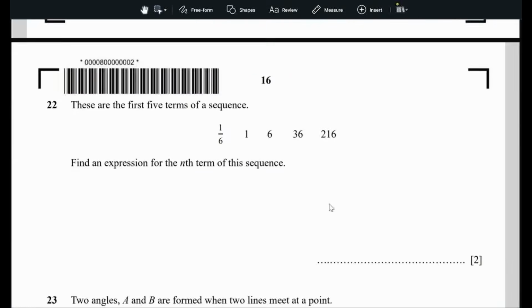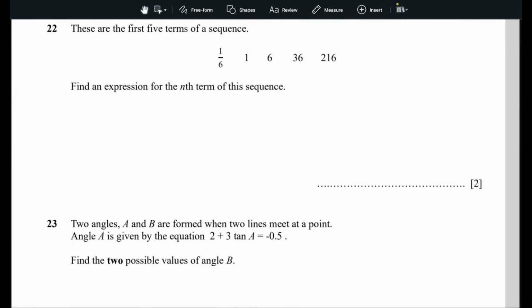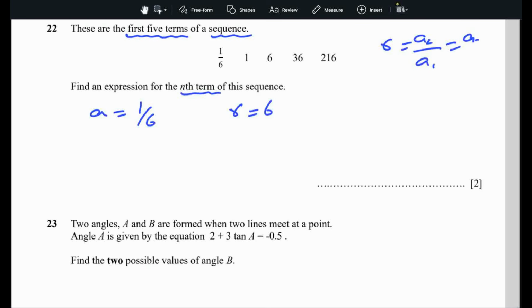Let's move to question number 22. In question number 22, these are the first 5 terms of the sequence. Find the nth term of the sequence. Now we know that the first term is 1 by 6 and the ratio is 6, because the ratio is basically A2 divided by A1 and A3 divided by A2.